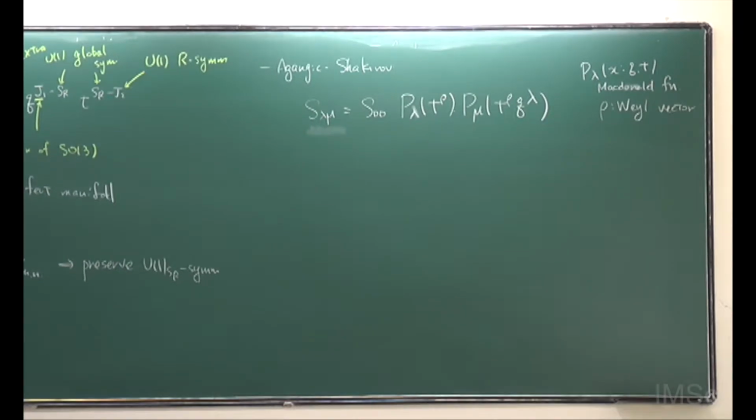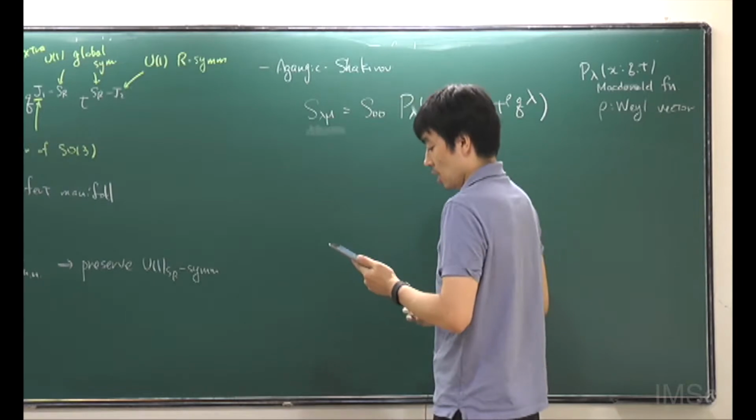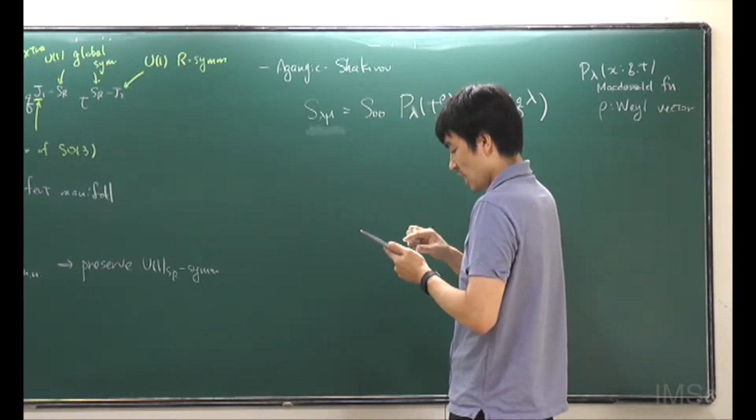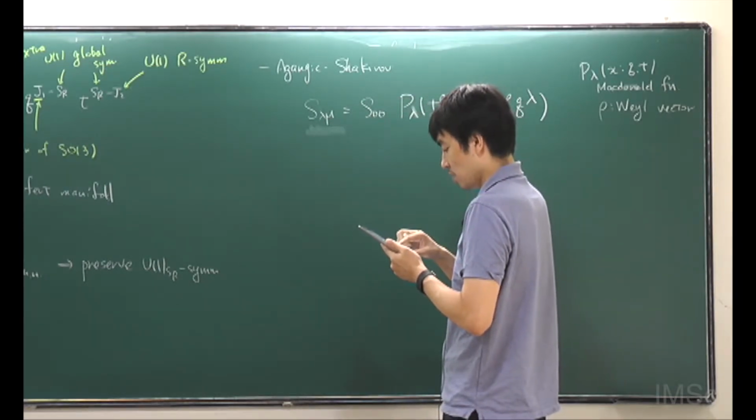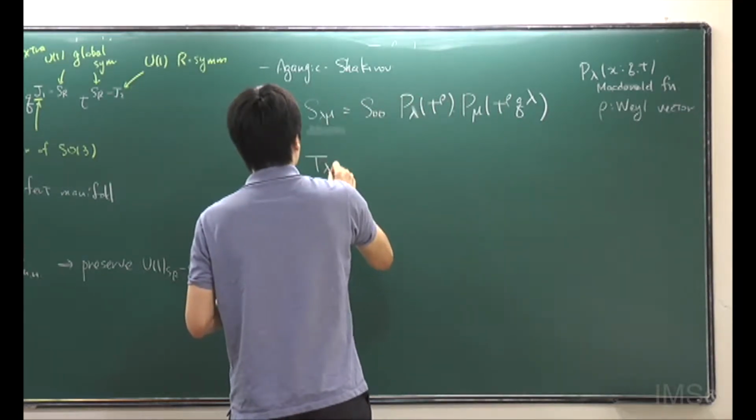S00 is the partition function of refined Chern-Simons on S3, which doesn't play any role, so I'm not going to write it down in the lecture.